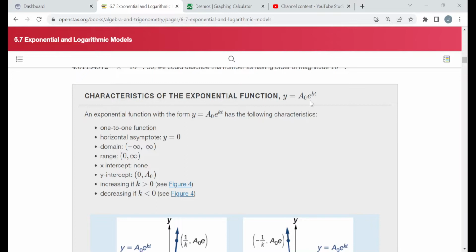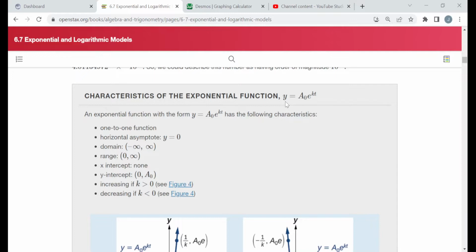Remember, e is the number e, 2.71828, and so on. A sub 0 is the initial amount of a substance: when t equals 0, at the initial time, you get the amount y equals a sub 0. And y represents the amount of the substance after time t.